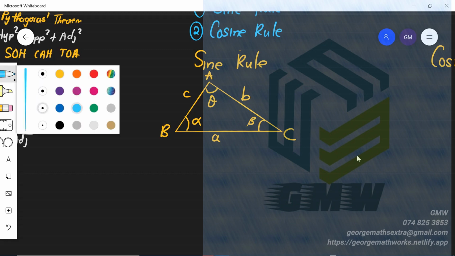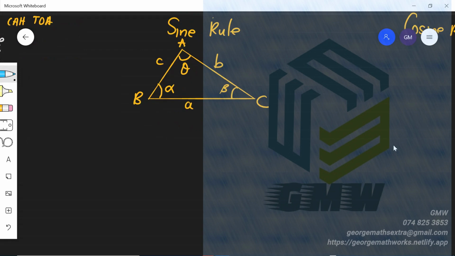Now, what the sine rule says is that you see A, this one is opposite this angle. I can call this angle, which I labeled theta, I can call it A, right?